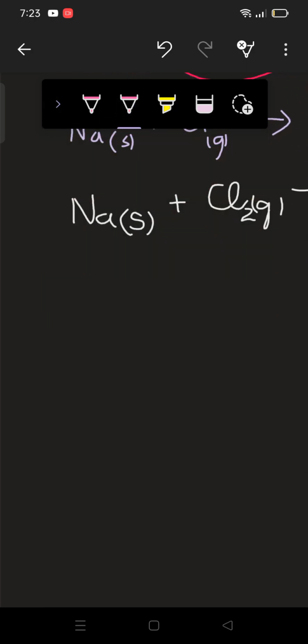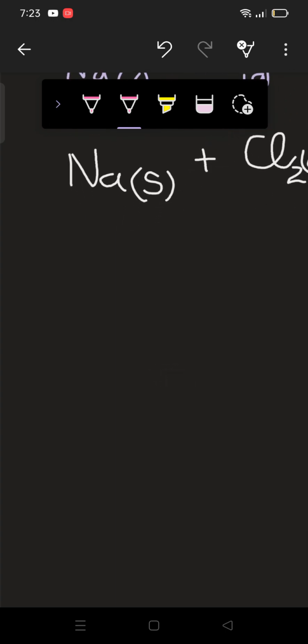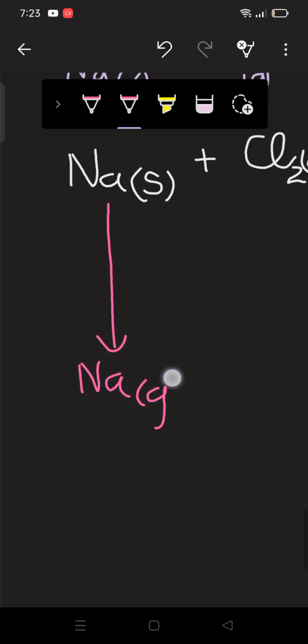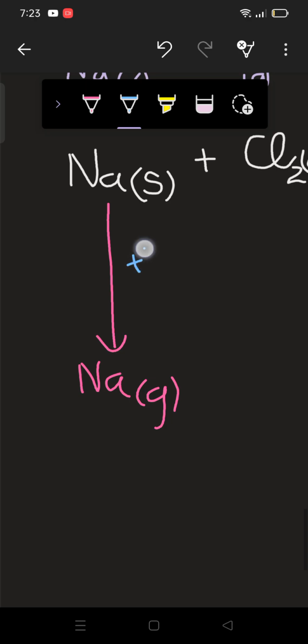For finding the lattice energy, we need to convert them into gaseous first, right? So if we are converting Na into Na in the gaseous form, we need to give the energy, and if we are giving the energy, we will write a positive sign. And what energy will we be giving here?